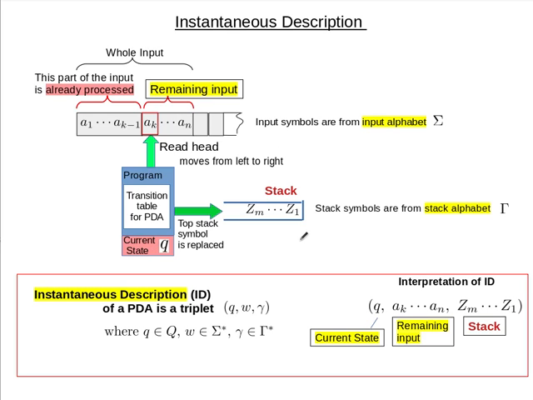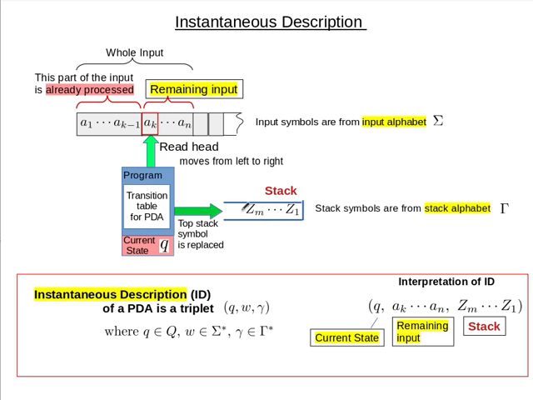Now in the case of finite automata, the configuration was completely described by the current state. Here you will also have to say what the stack is, what the symbols in the stack are. That means together this is a string. So this state Q and the string, say Zm up to Z1. Again we are adopting the convention that the string is Zm up to Z1, not Z1 up to Zm.